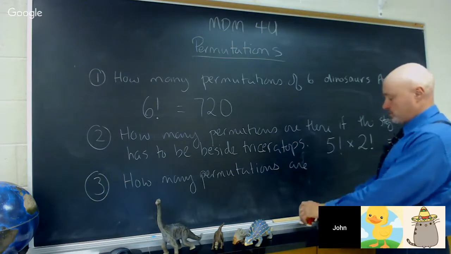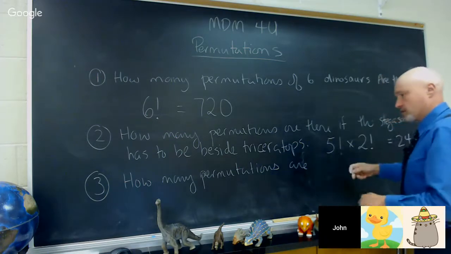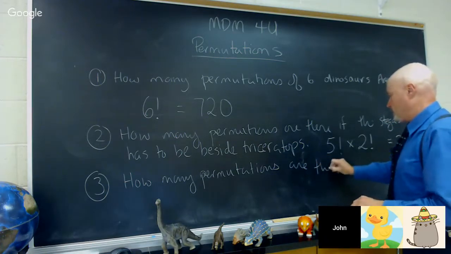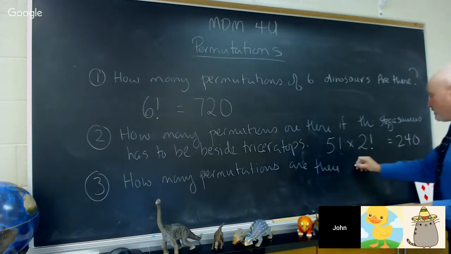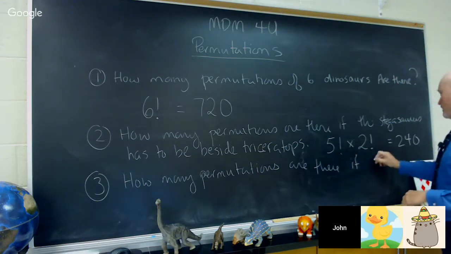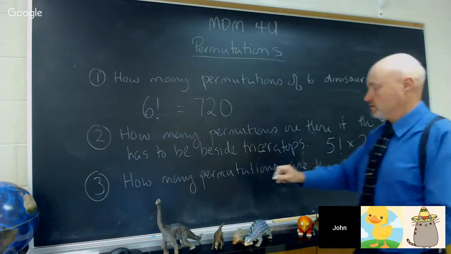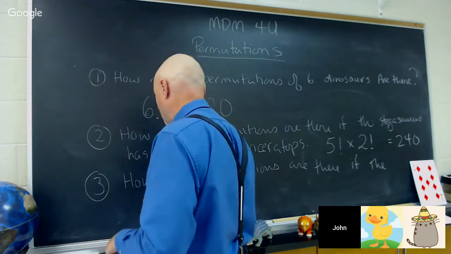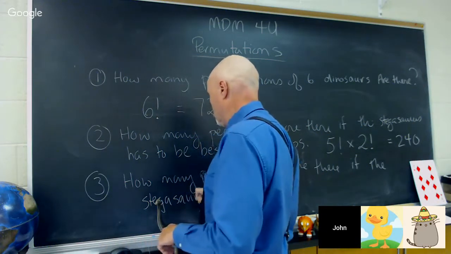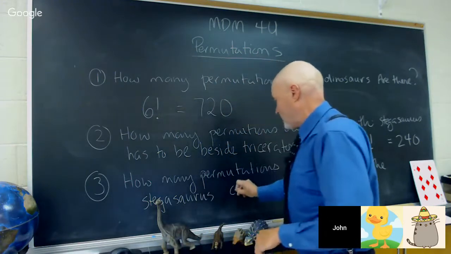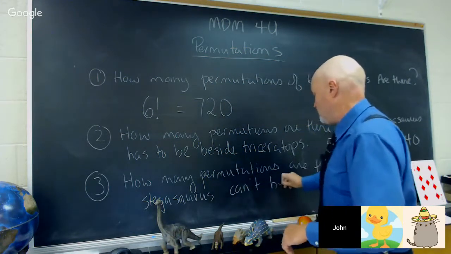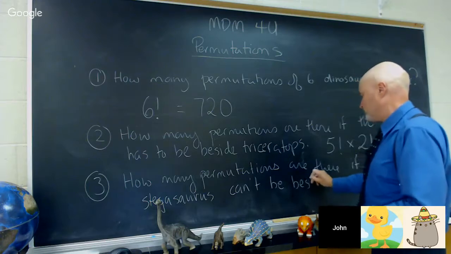And now, if this was a Tyrannosaurus Rex and a Stegosaurus, they don't want to be together. How many permutations are there if the Stegosaurus can't be beside the Triceratops?